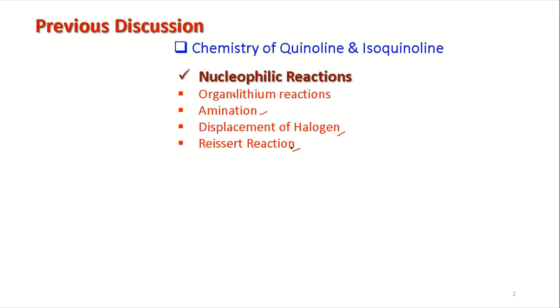Since you know that it's very difficult to do Friedel-Crafts type reactions in pyridine, quinoline and isoquinoline, to install the alkyl group at the carbon center, this reaction we found to be efficient. Now today's class will cover the reactions with radicals.